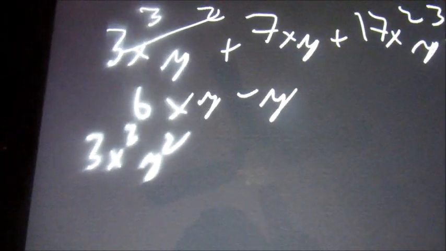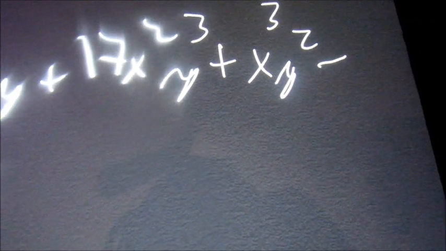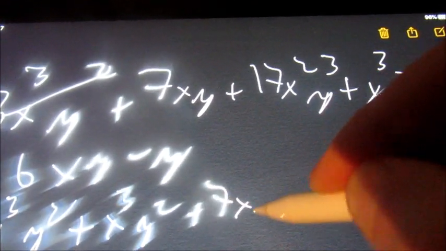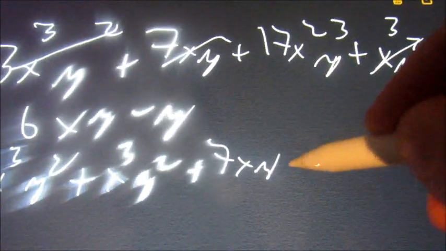3x to the 3 y squared. I'm going to look for another one that has x to the 3 y squared. And I have plus 1 x to the 3 y squared. So plus x to the 3 y squared, and that's all I have left. Then I'm going to start with this next one, plus 7xy, and I'm going to look for another, and I have a minus 6xy.